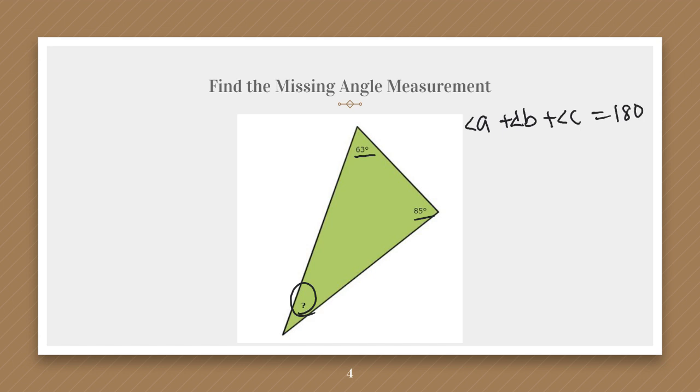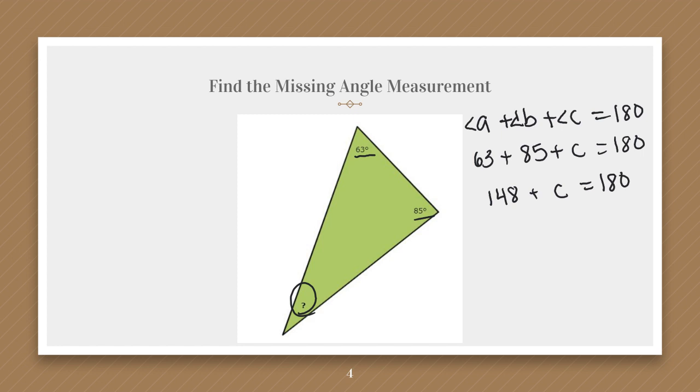The two angle measurements that I know, I have 63 plus 85 plus some angle that I don't know, and that needs to equal 180 degrees. So I need to add 63 and 85 together, and when I do that, I get 148. So 148 plus C equals 180.